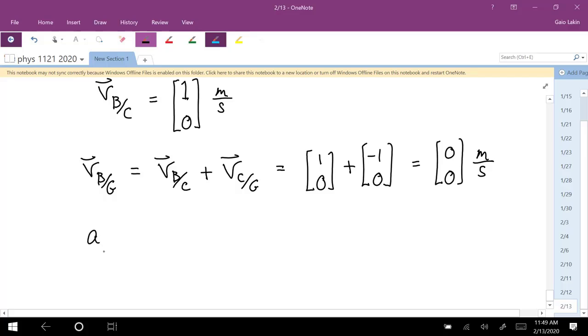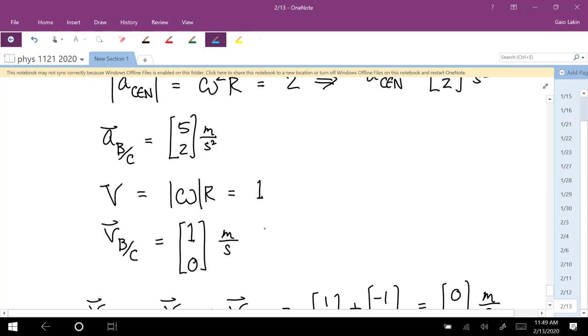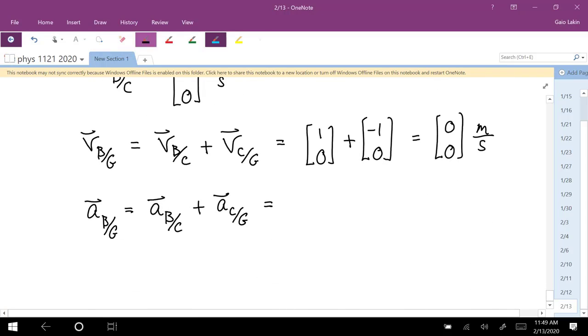And then the acceleration of B relative to the ground is the acceleration of B relative to the center plus the acceleration of the center relative to the ground. Acceleration of B relative to the center is positive 5, positive 2. Last time we got that the acceleration of the center is negative 5, 0.